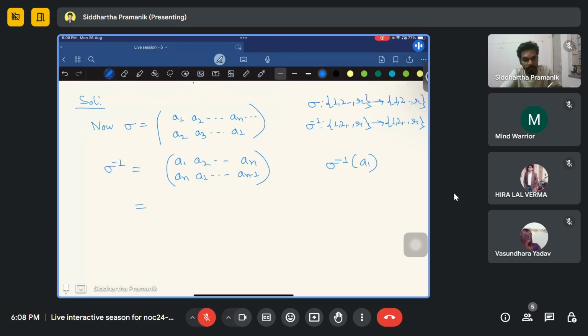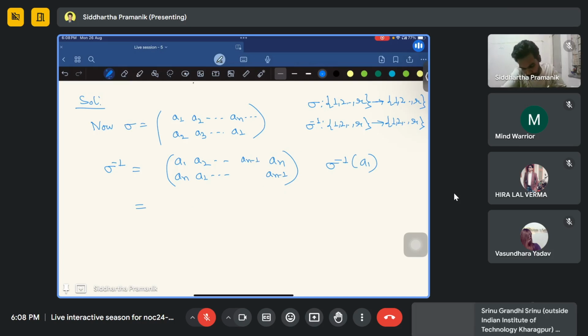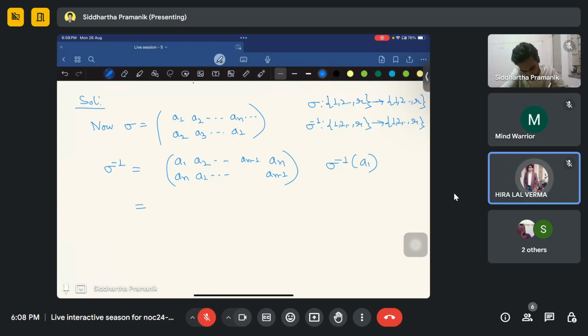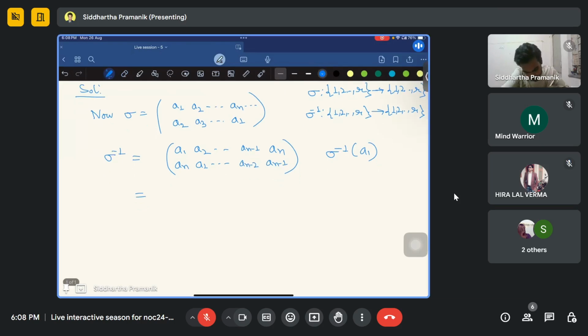Now let's try to write it in the cycle notation. First start with a1. So a1 goes to an. Let's write one more term so that people understand it better. And here we have a(n-1). What is the pre-image of a(n-1) under sigma? Yes, it is a(n-2).